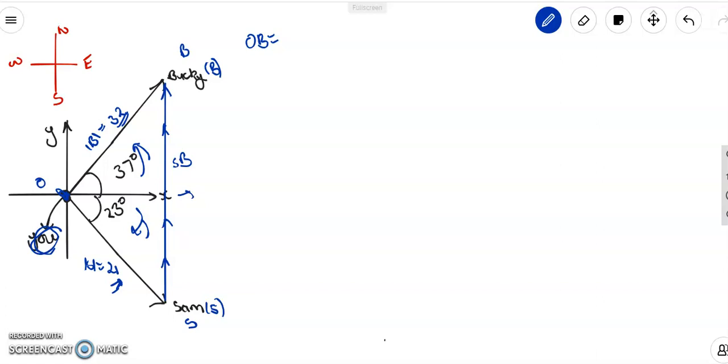OB is 32. Is it cos or sine? It's cos because we're going towards the angle. 32 cos 37 x plus 32 sin 37 y.